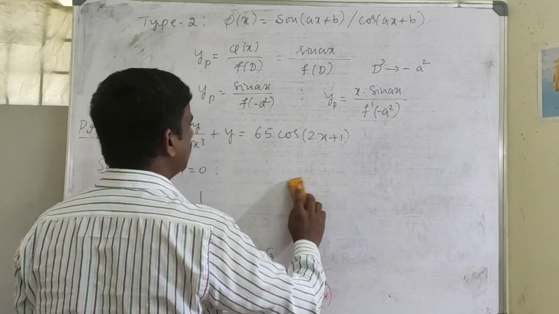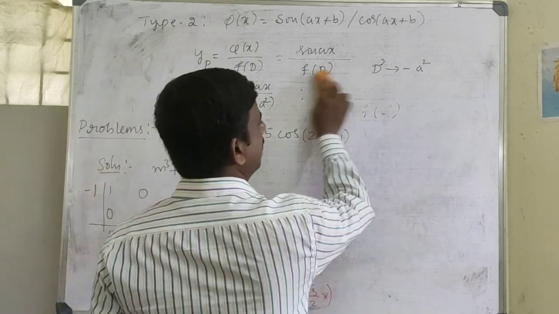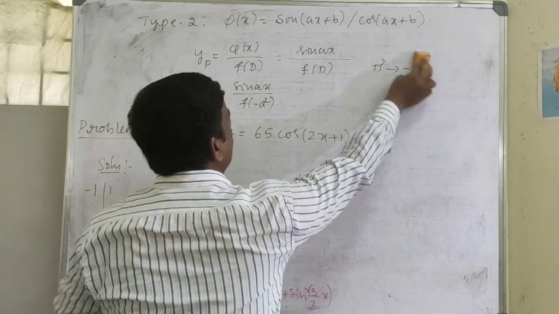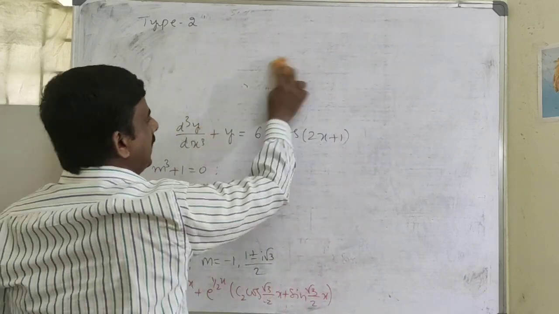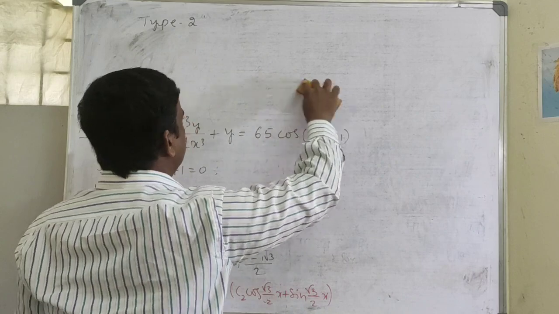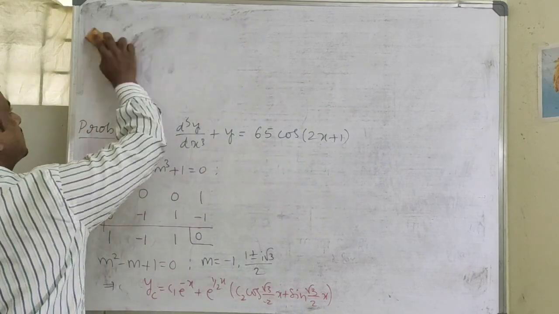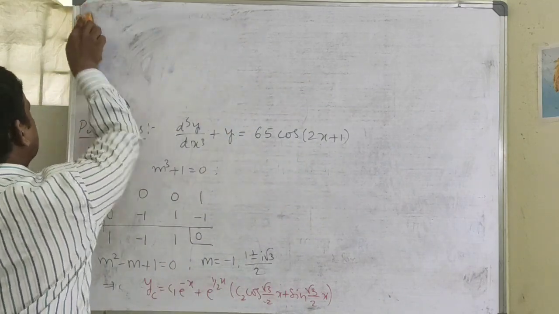Now I have to find the particular integral yp. So I wrote down this formula, yp equal to phi of x divided by f of d. Then I have to replace d square by minus a square.